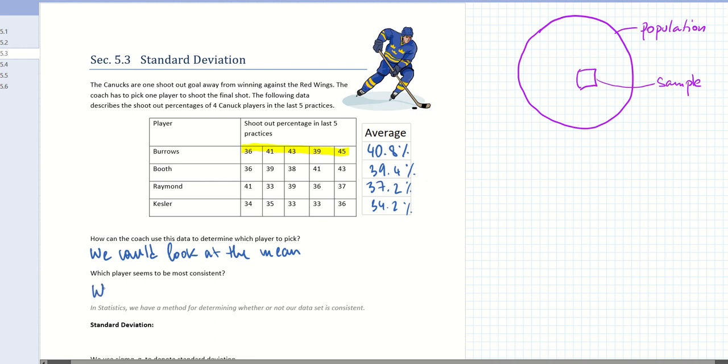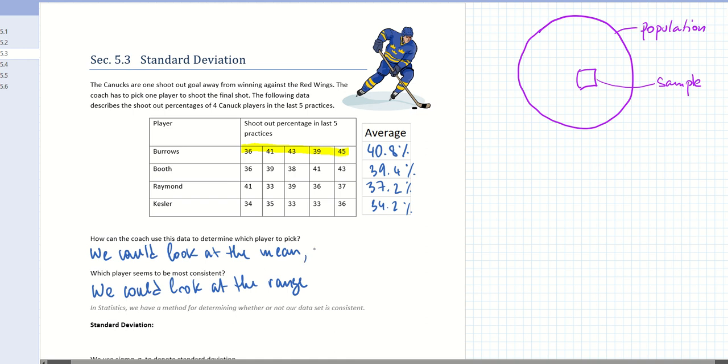So the next question says, which player seems to be the most consistent? So we can look at the range. Okay. So again, the mean doesn't tell you who's the most consistent.